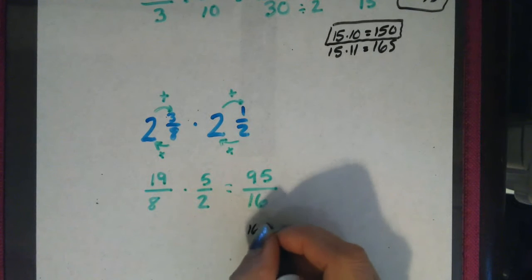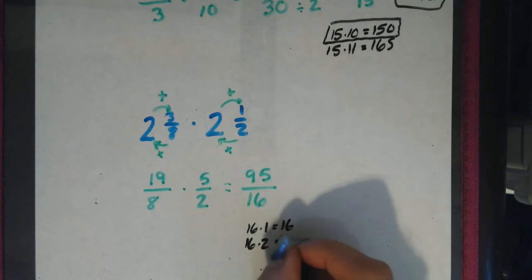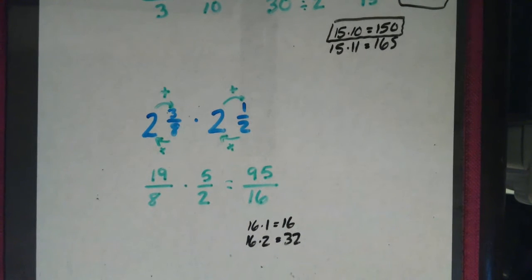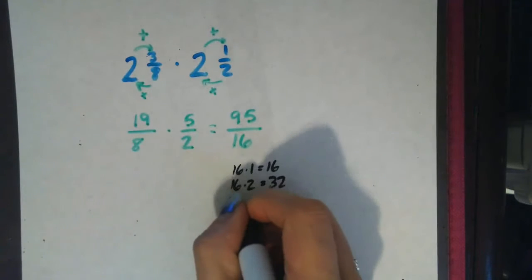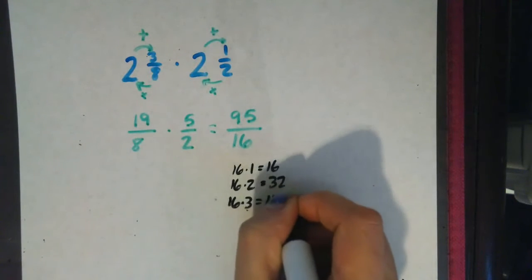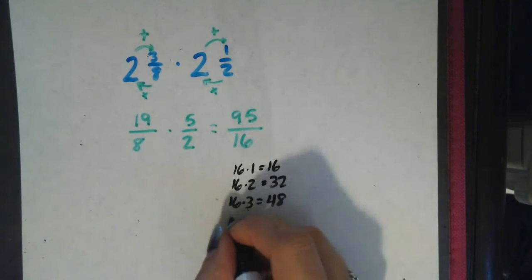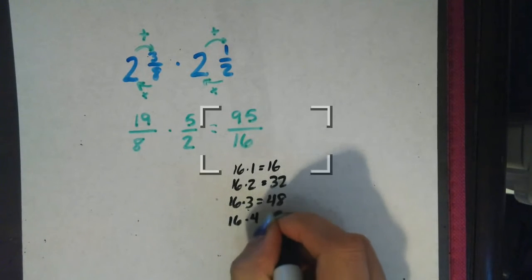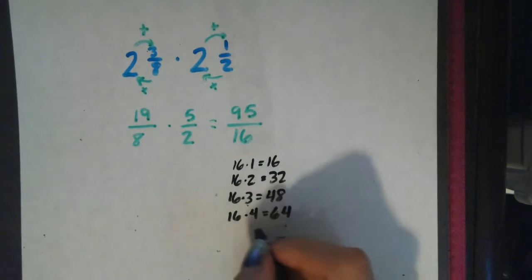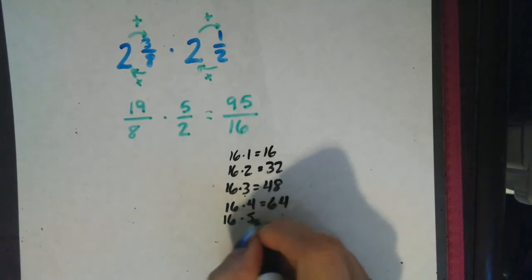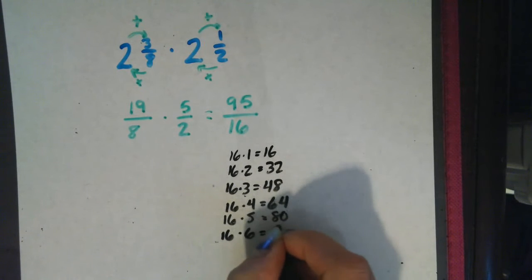Well, we know 16 times 1 is 16. 16 times 2 is 32. And don't worry, you can use a calculator for this. 16 times 3 is 48. And I don't know my multiples of 16 bigger than that. 16 times 4 is 64. 16 times 5 is 80. 16 times 6 is 96.